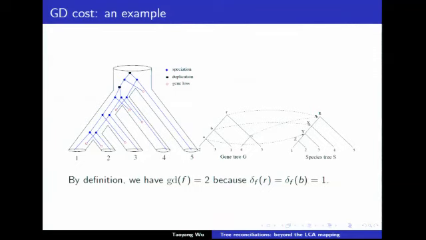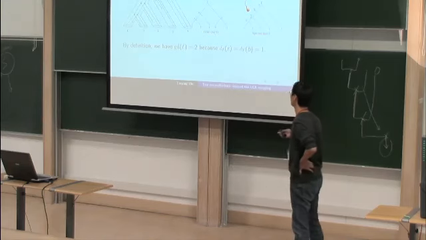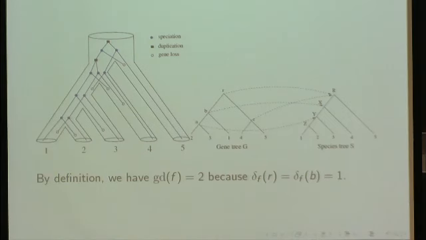For example, at this root R we have a duplication event, and at this B we have another duplication. So the duplication cost of reconciling the gene tree and species tree by this mapping is 2.